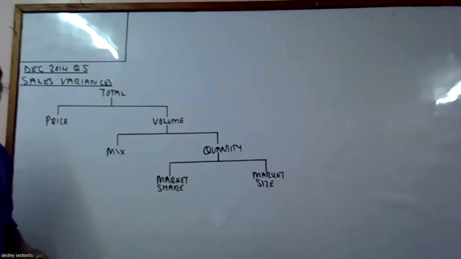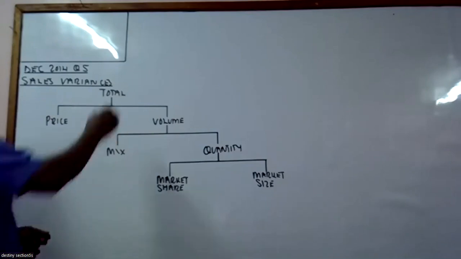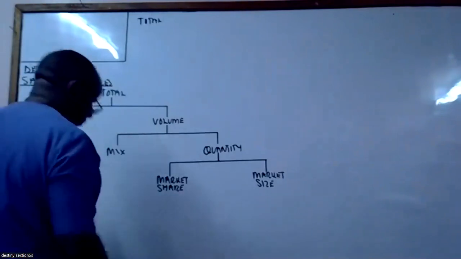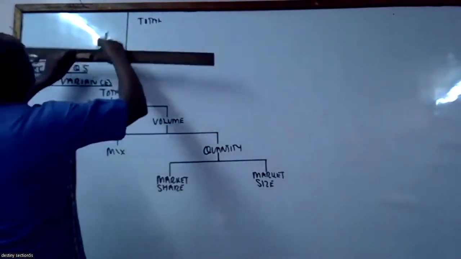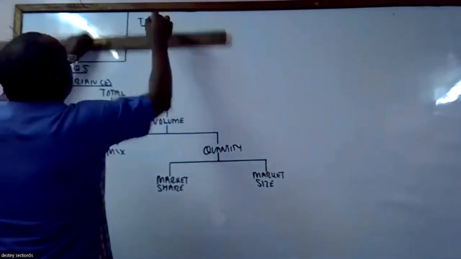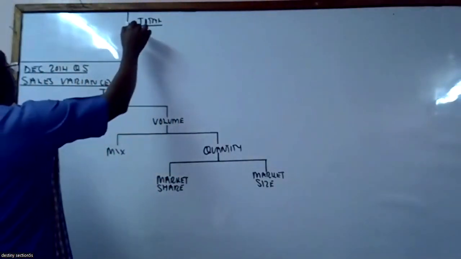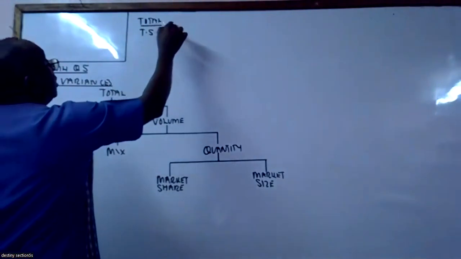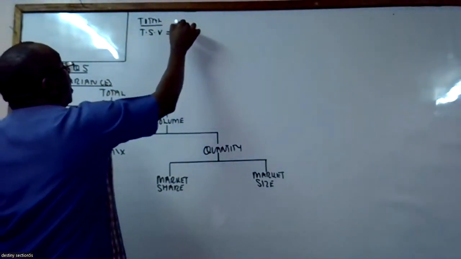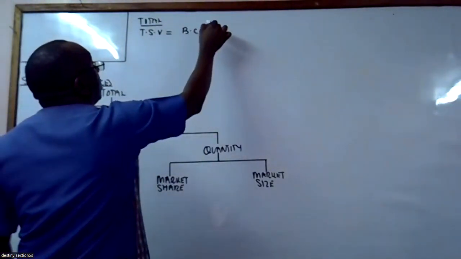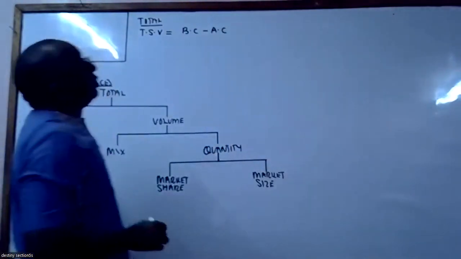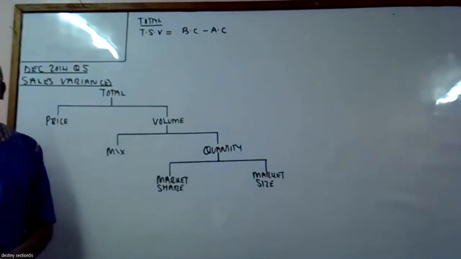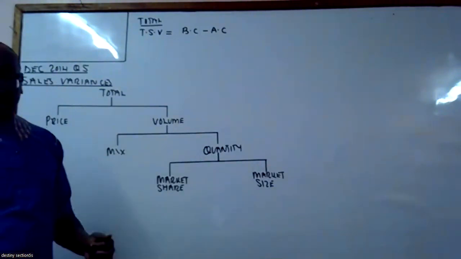So with that, we start with the total. So the total sales variance is given as budget contribution minus actual contribution.